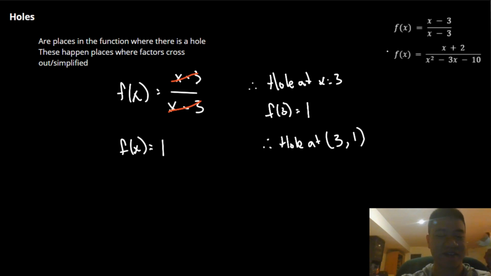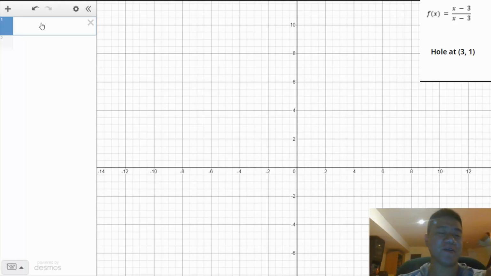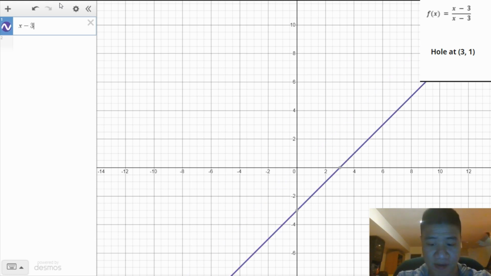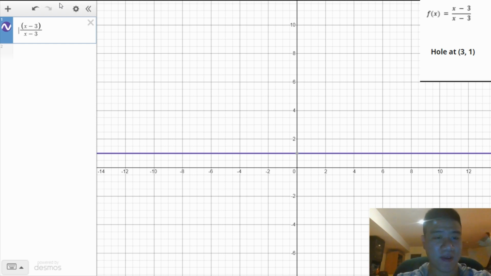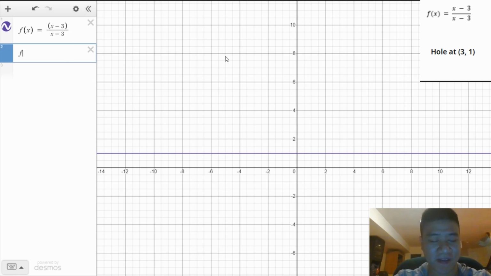We'll plot these in a second. Let's do that right now, just to show all of this on Desmos. Let's graph it. Our function was (x minus 3) over (x minus 3). It looks like a line, which doesn't really look like a usual rational function, but we simplified this, remember?